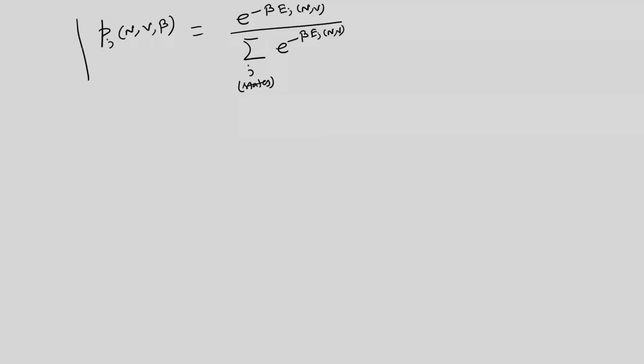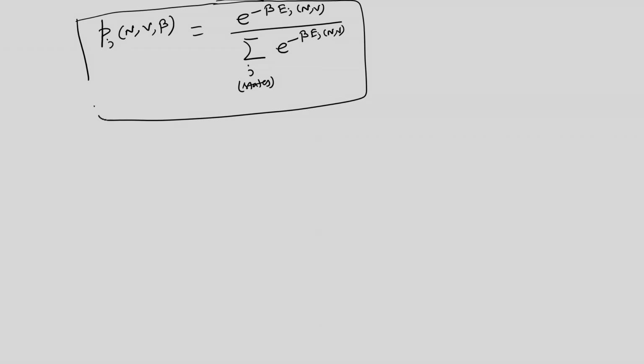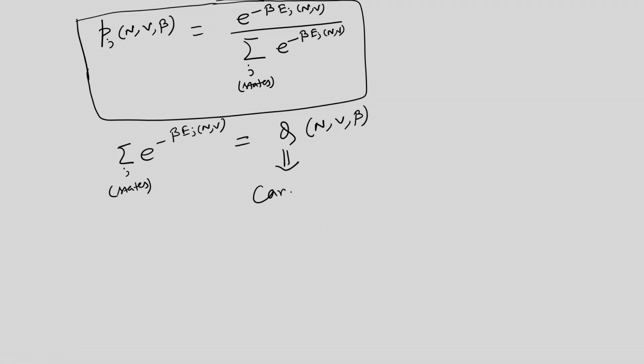Our goal is to get the probability of state J having energy EJ, and we arrived at this expression for that. The denominator, the sum over j of e to the minus beta EJ, is a sum over states. We define it as Q, and this Q is known as the canonical partition function.